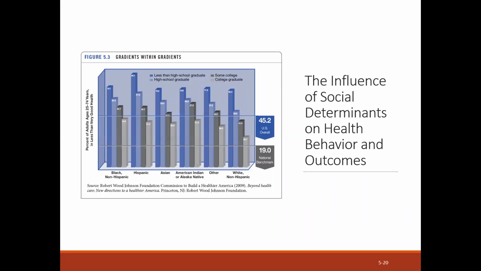You can certainly see that the Hispanic population has the highest percentage of poor health outcomes across the races. But overwhelmingly, you'll see that as your education increases, your percentage of people in less than very good health decreases as well. Overall, this is data from 2009, with 45.2% of the U.S. overall in less than very good health. The national benchmark is 19%.